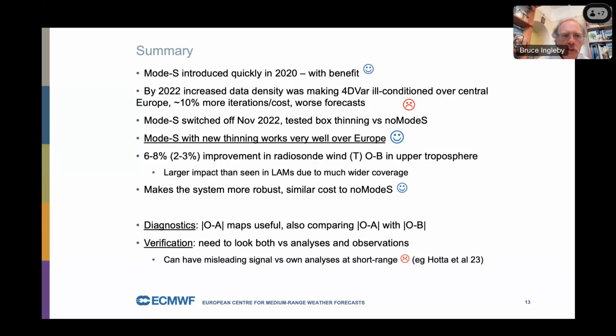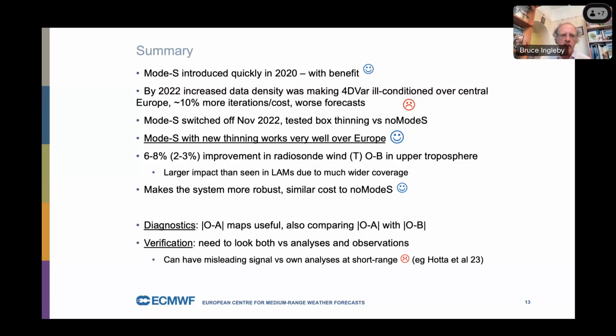So we switched off the use of Mode S data and tested box thinning, and reintroduced it in November 2023. With the new thinning, it works very well over Europe. We see a big improvement against radiosonde wind in the upper troposphere, and it makes the system more robust. It's a similar cost to not using Mode S.